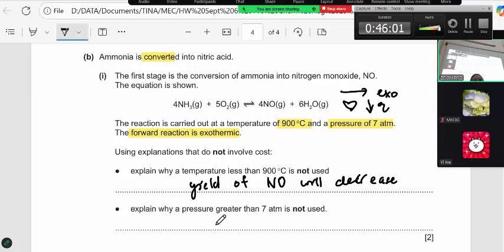Explain why a pressure greater than 7 atmospheres is not used.